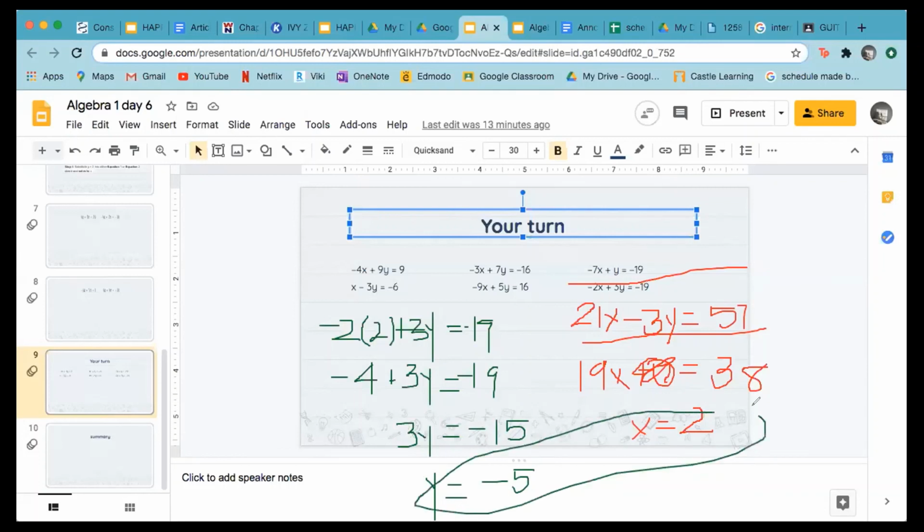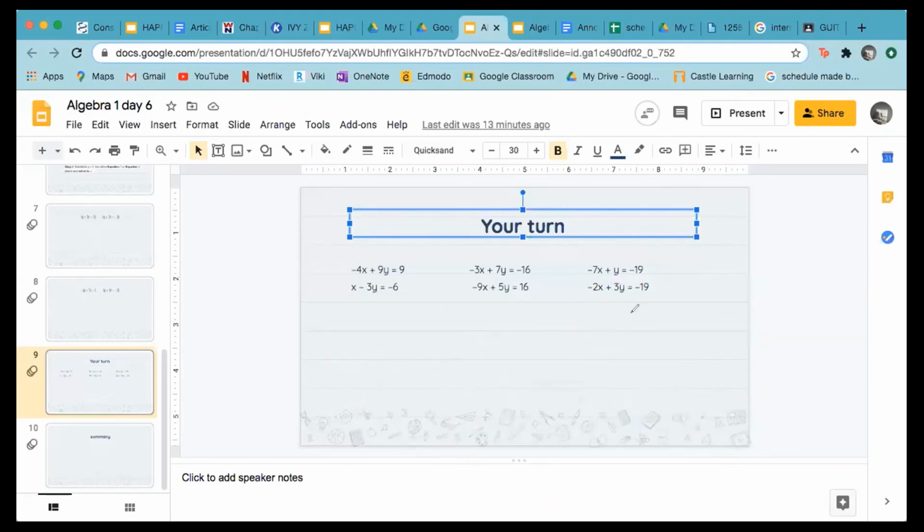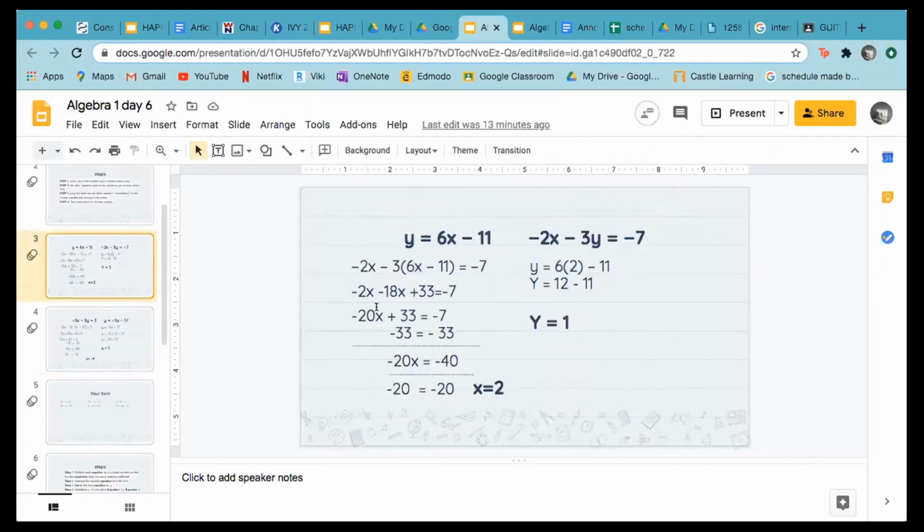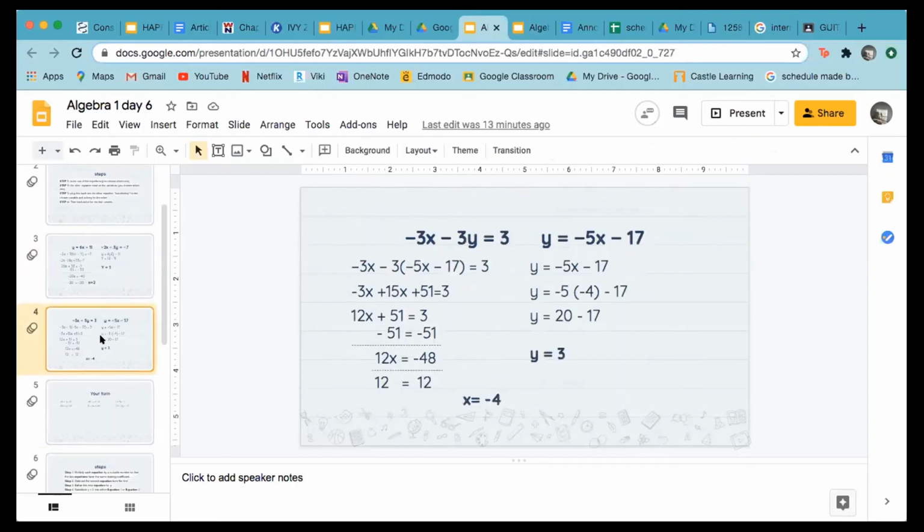Isn't this a little harder than the other method? To be honest, it just depends on each situation. Sometimes teachers would say to find your coordinate points using elimination or substitution, but it all depends on the question.